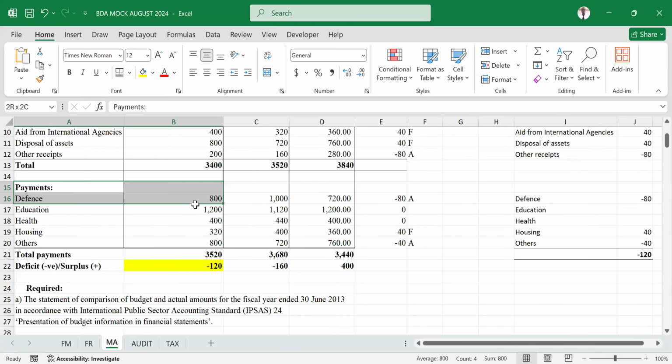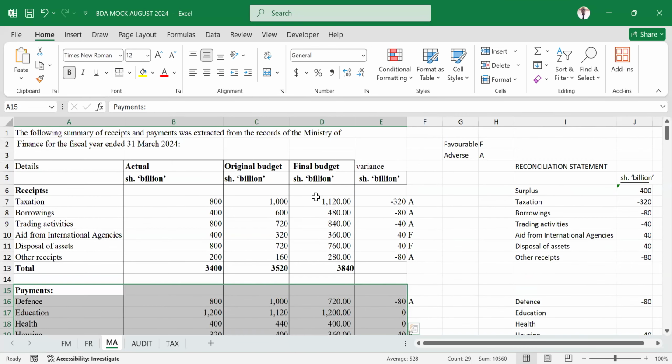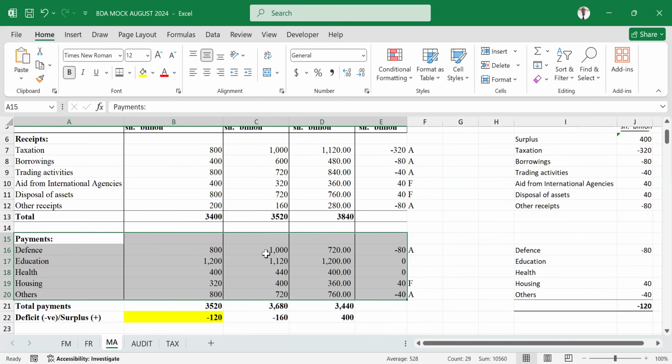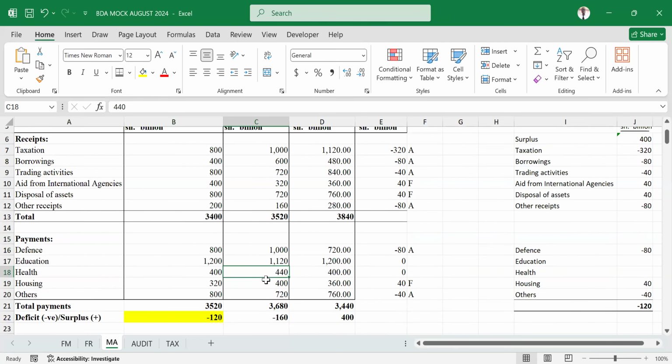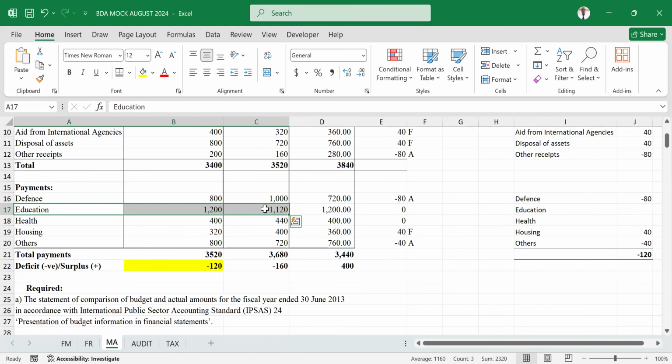So if you look at the payments here, let me talk about the original budget first. If you realize that your original budget, the initial budget that you had, was, for example, under education, 1,120,000. I want you to compare this.